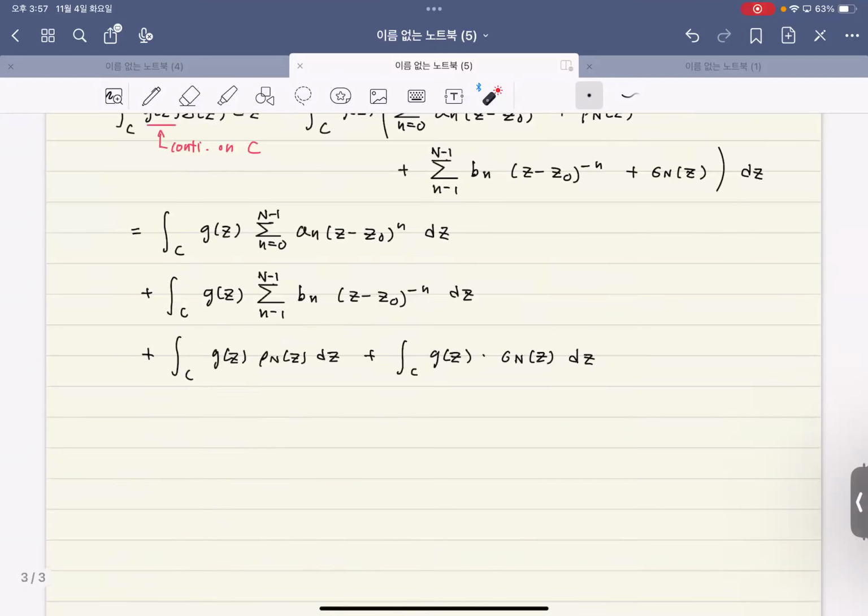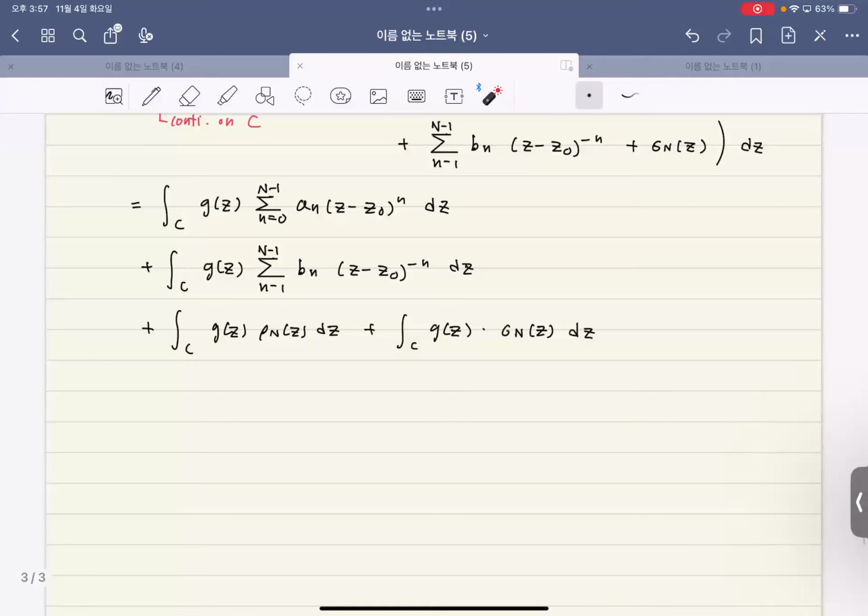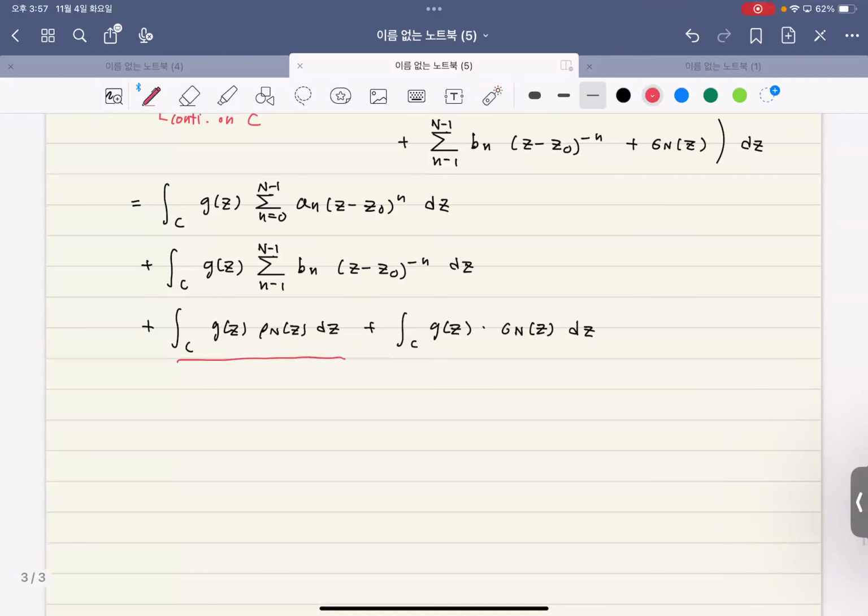So the moduli of these two numbers both tend to 0 as n goes to infinity. The length of this curve is also bounded. Therefore, using the ML inequality, we can easily show that these two numbers tend to 0. So we're done.